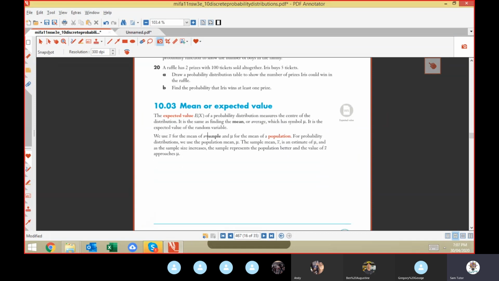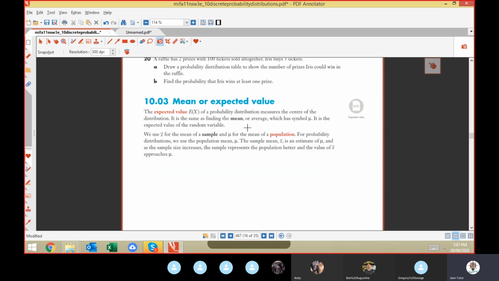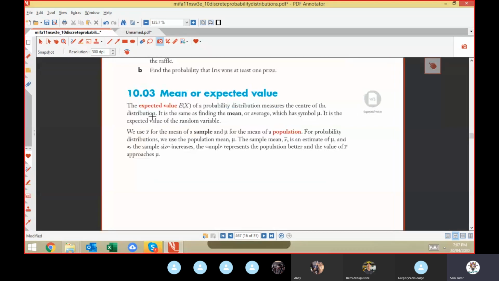All right, let's start 10.03. So, mean or expected value. The expected value, E of x, of a probability distribution measures the center of the distribution.